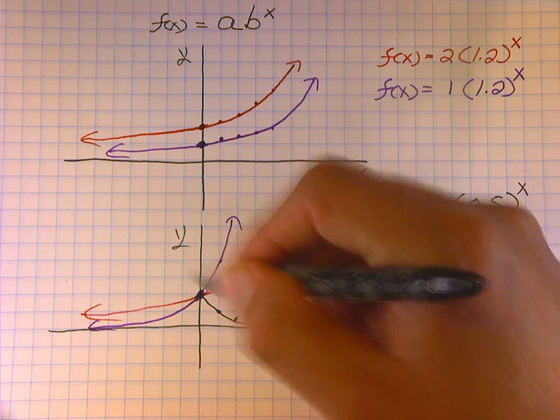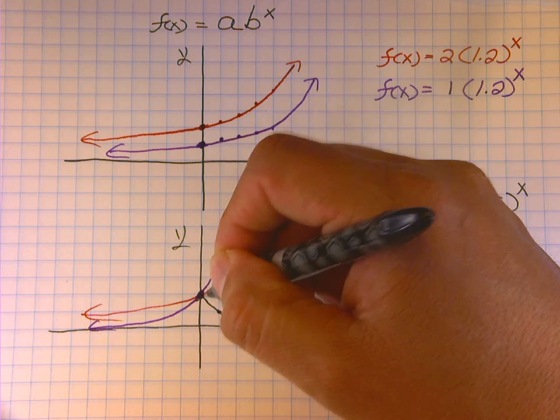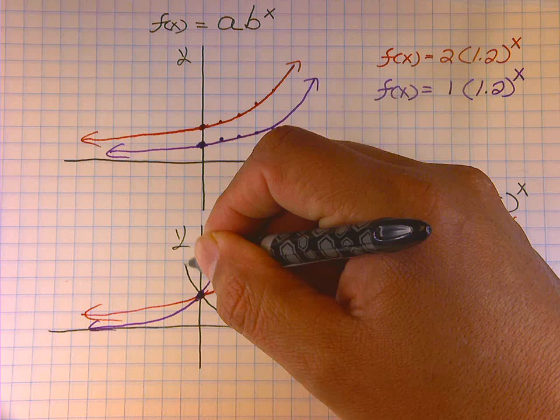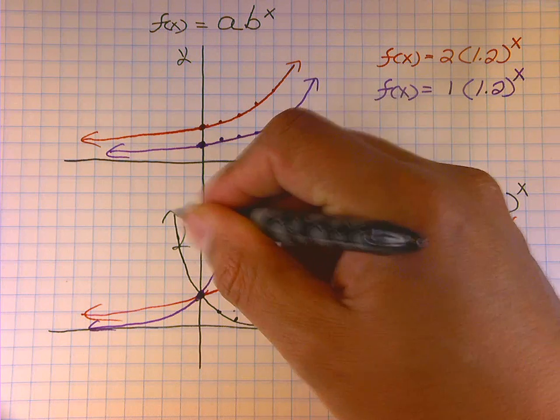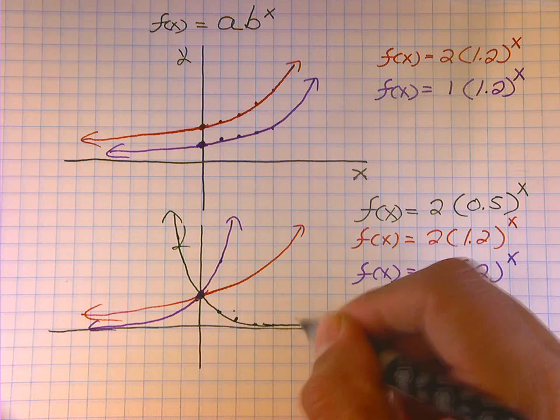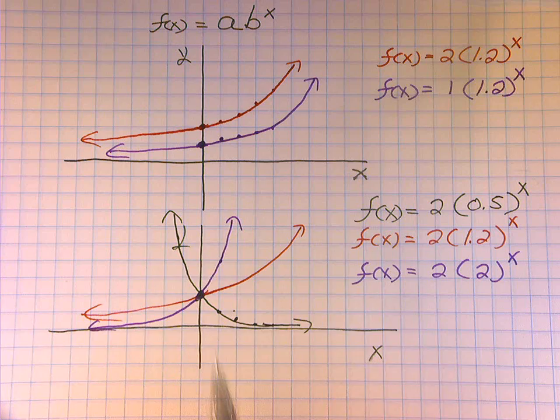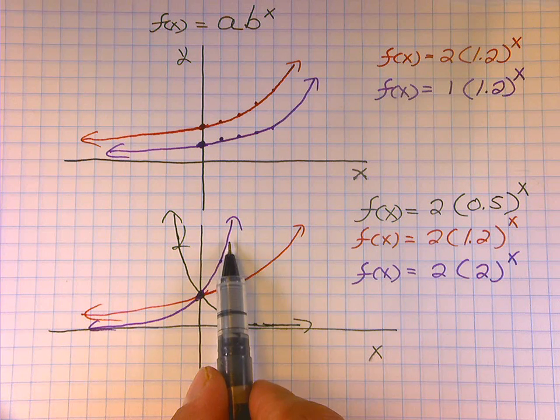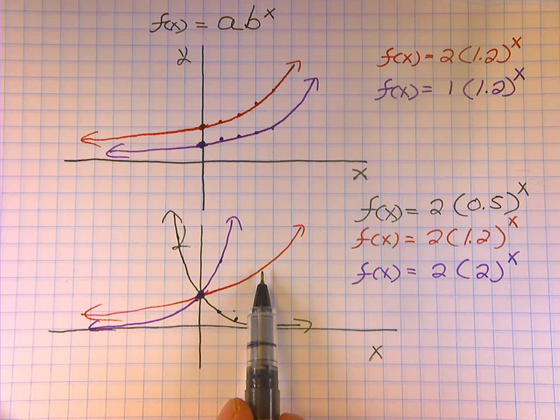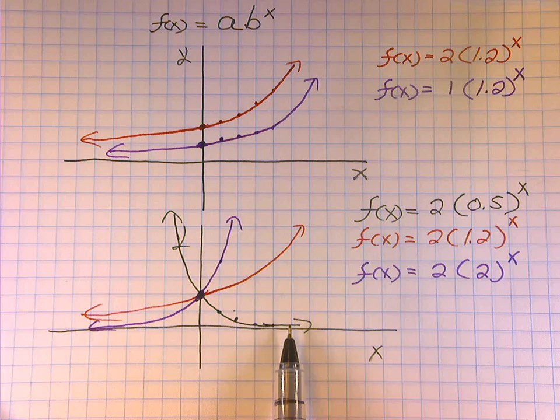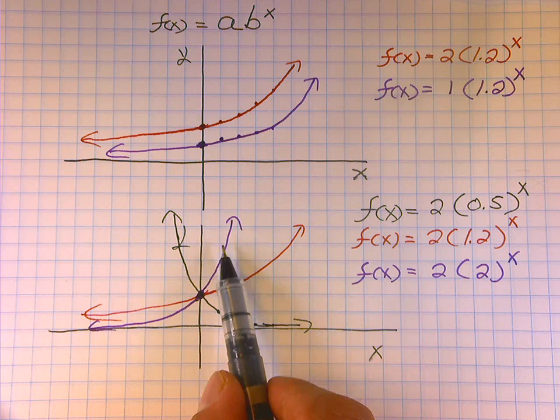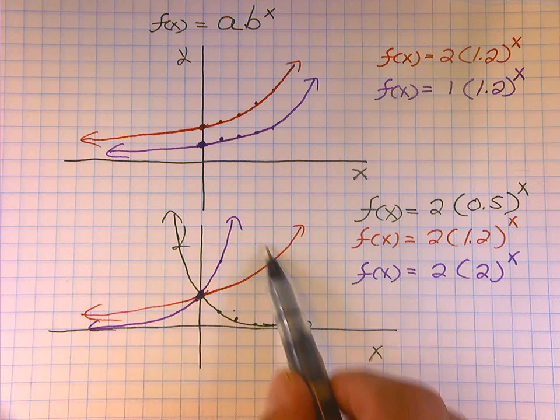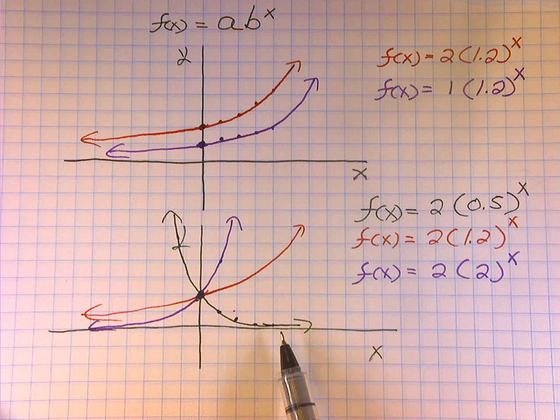Going in this direction, then it's dividing by a half, which is the same as multiplying by 2, so it becomes very steep. And again, if you look at it, this has the largest factor, a smaller factor, and the smallest factor. So as that factor decreases, this end is going to be pulled down.